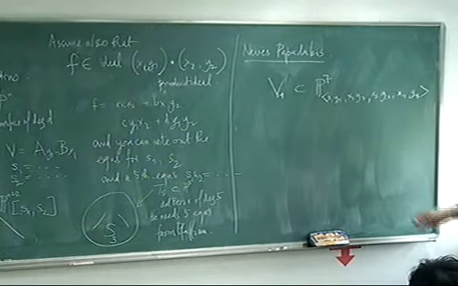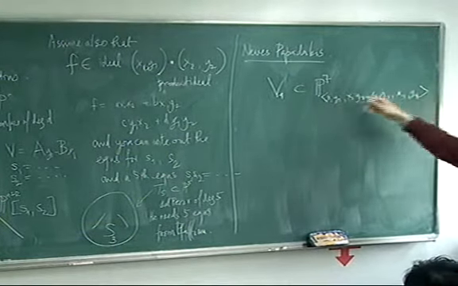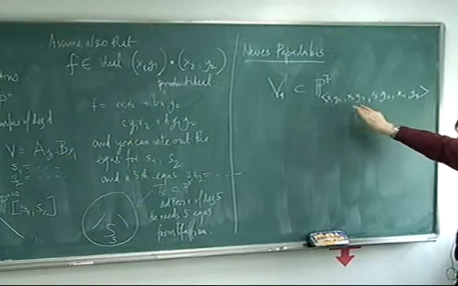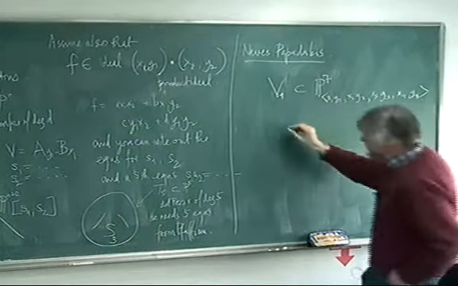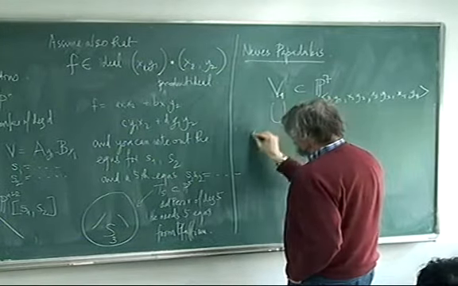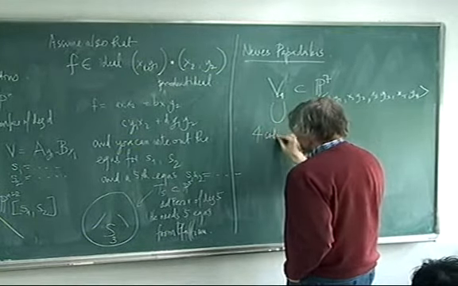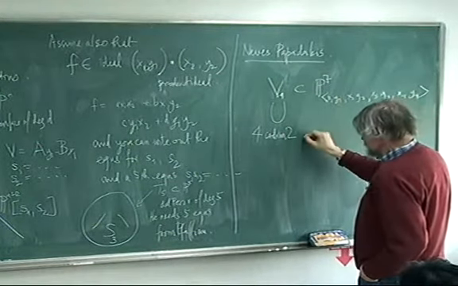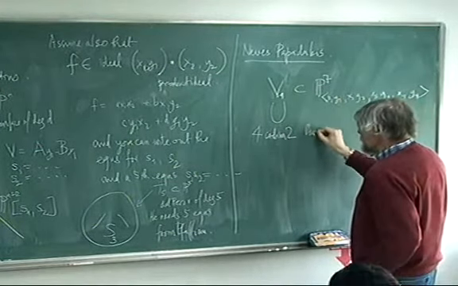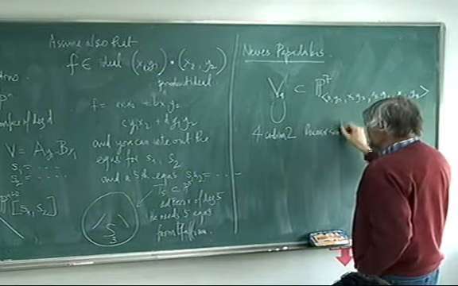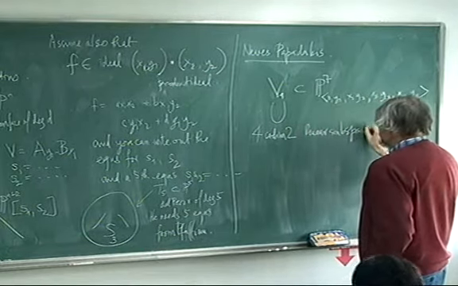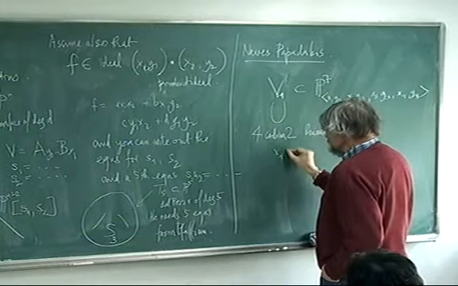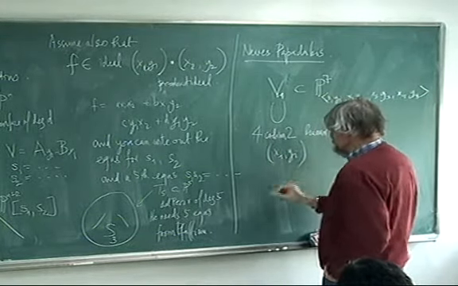Yeah? And so I have 8 coordinates in P7, and I'm thinking of them in pairs, and I want the V to contain the 4 codimension 2 linear subspaces xi, yi.